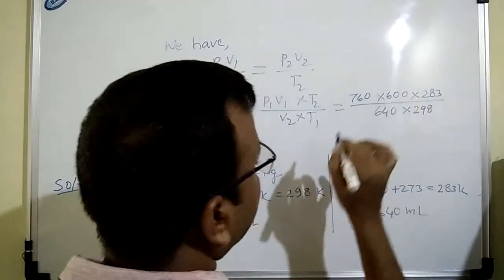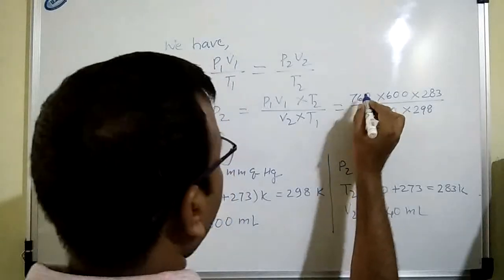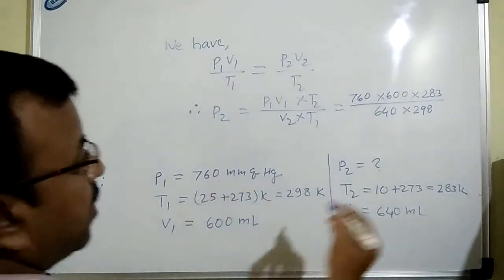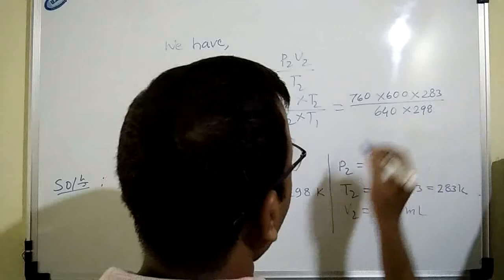So Kelvin cancels, and only the mm unit will be left, which is the unit of pressure.